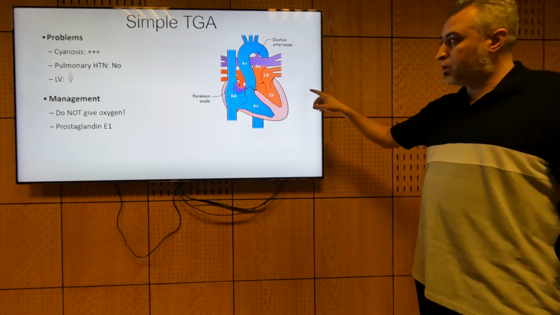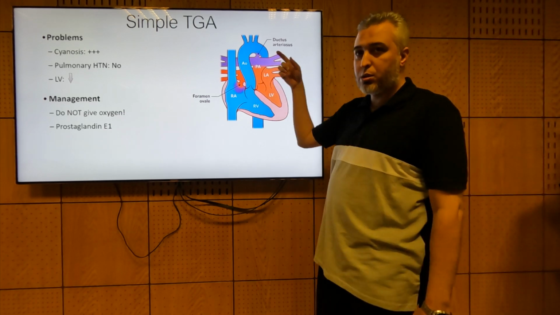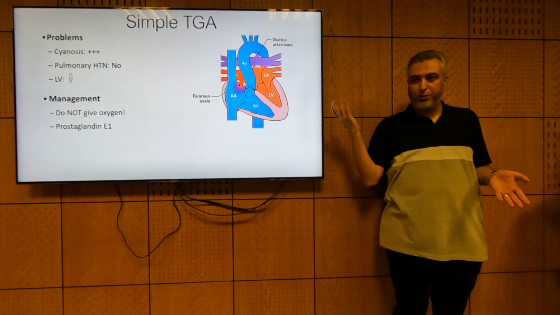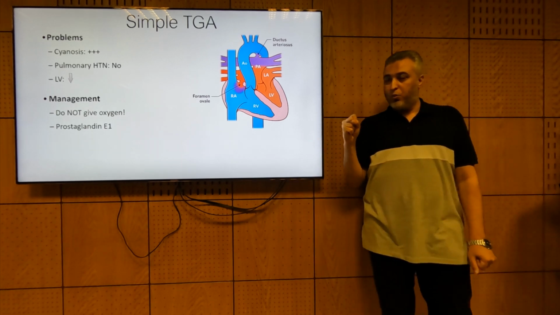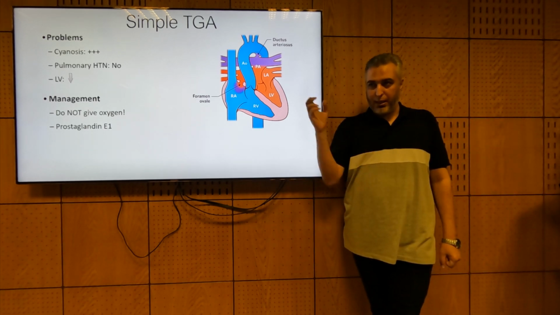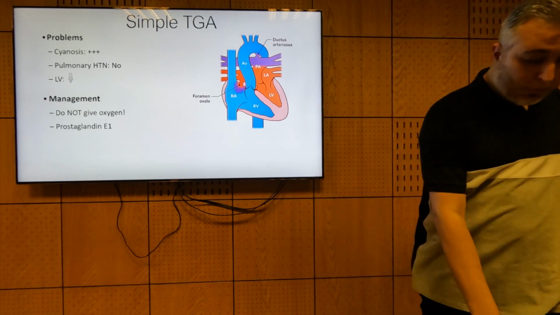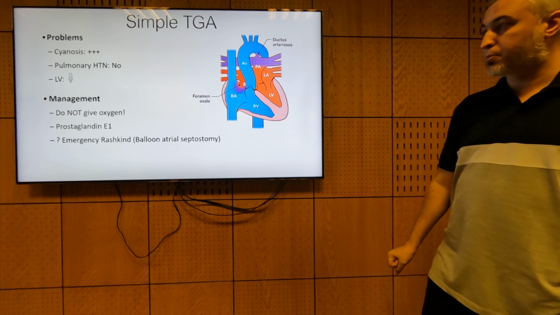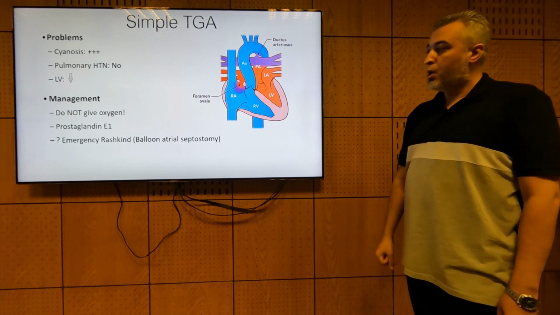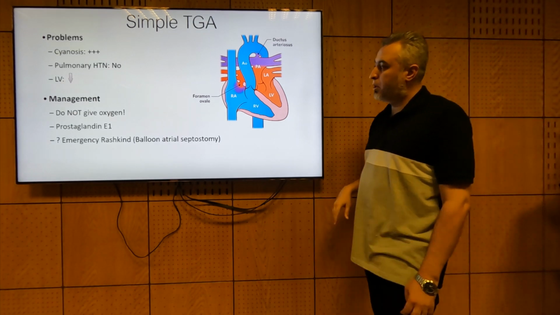How do we open an ASD? So there's no medication that can open an ASD. We need to actively make a communication through that. And this is done by the balloon atrial septostomy, the Rashkind procedure.